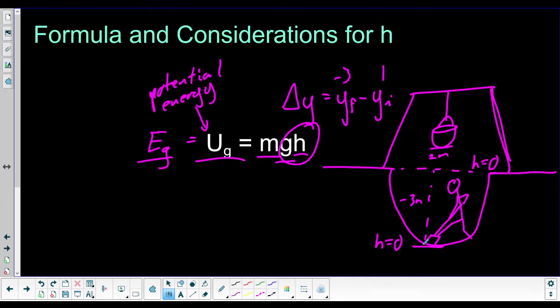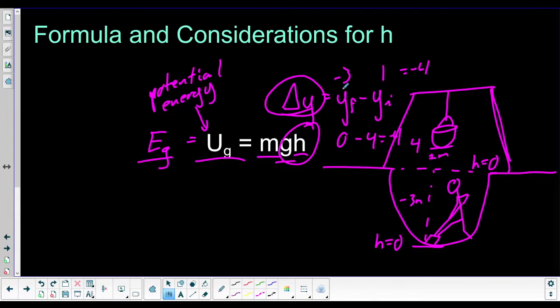Whereas if you say here's 0, this would be at 4. So you have negative 3 minus 1, that's negative 4. You have final is 0, initial is 4, that's still negative 4. The change is all that's important. So as long as you can tell how far the thing moves, that's really all that matters.